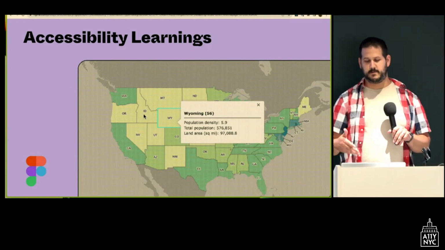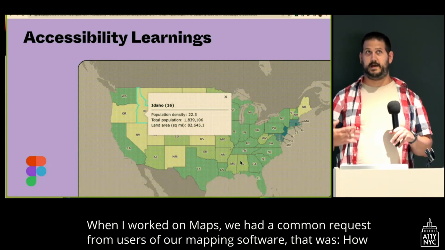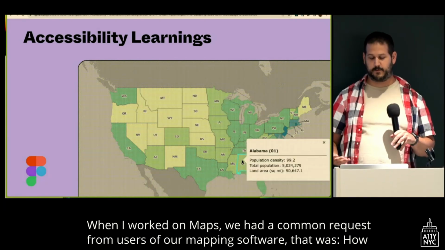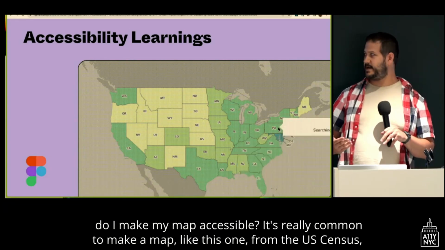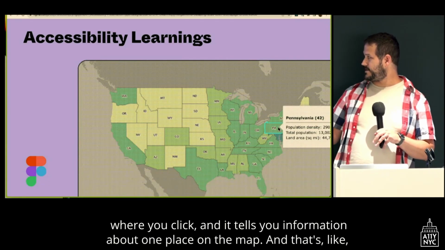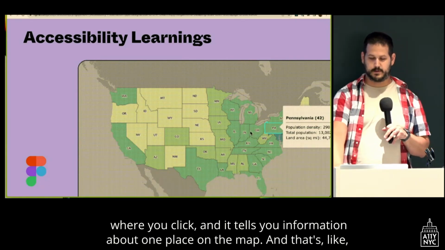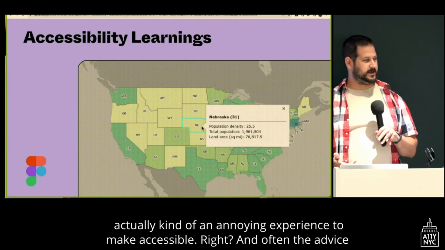So when I worked on maps, we had a common request from users of our mapping software: how do I make my map accessible? It's really common to make a map like this one from the US Census, where you click and it tells you information about one place on the map. And that's actually kind of an annoying experience to make accessible.